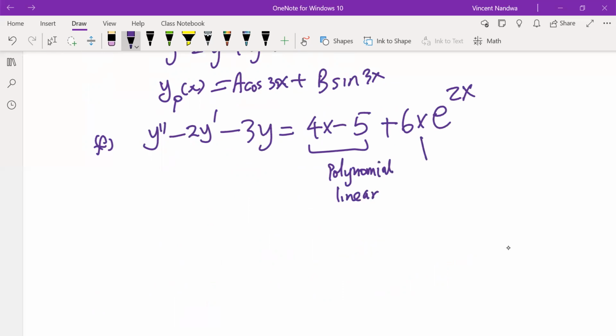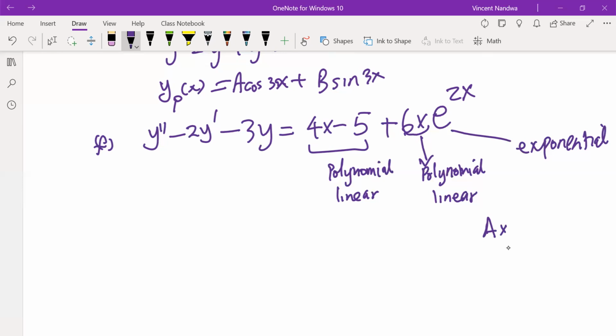This is a polynomial also, which is linear. And then this is an exponential. So remember, if we have a linear polynomial, then the correct form of yp is simply given by ax plus b.